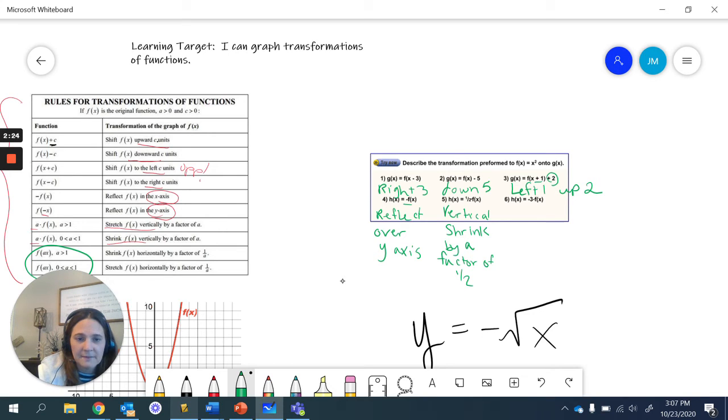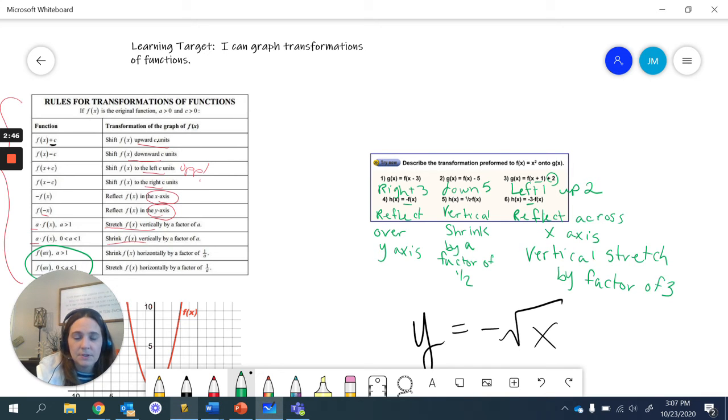Here we have a negative 3, so the negative means it's a reflection across the x-axis. And the 3 means it's a vertical stretch by a factor of 3.